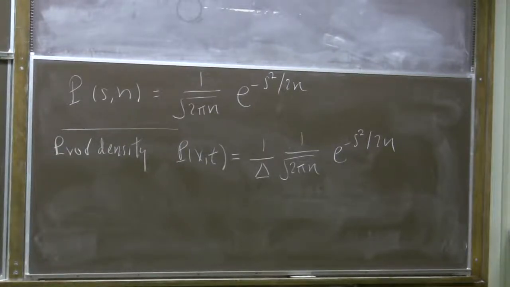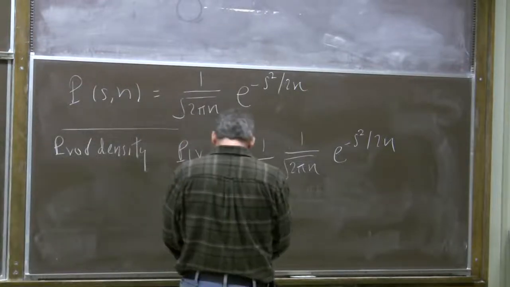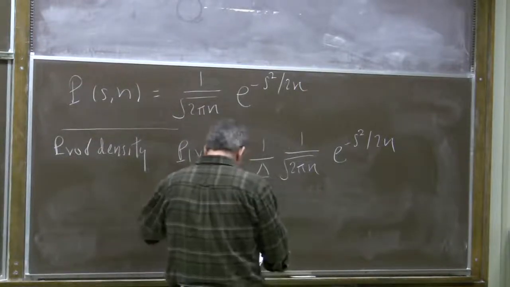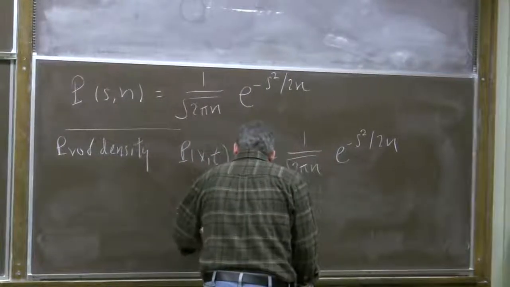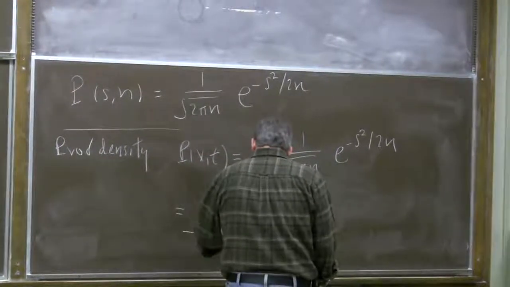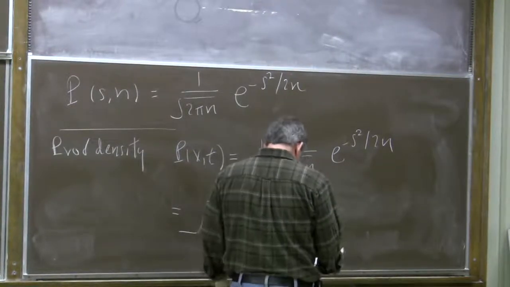And then I can put this in terms of, since the time is n epsilon and the position is s delta, I can write this as 1 over the square root of 2 pi delta squared, that's just putting this delta inside the square root, and then write n as time over epsilon.